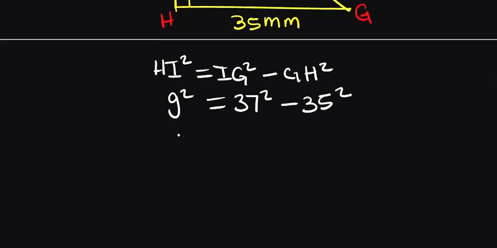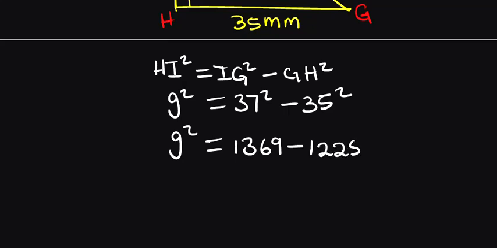Now we need to solve for g. 37 squared is equal to 1369 minus 35 squared, which is 1225.